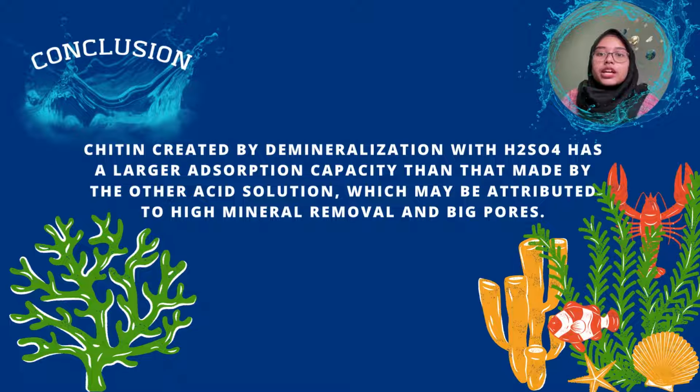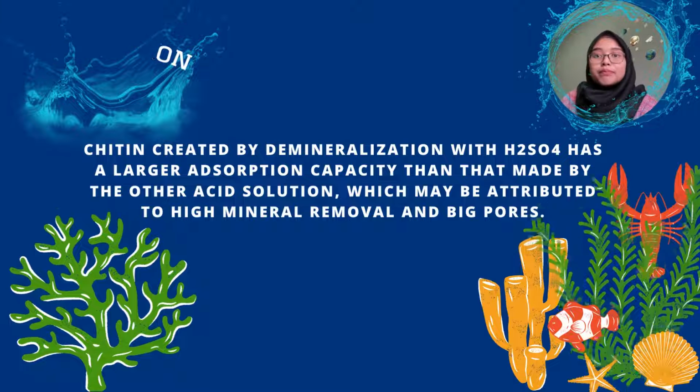Chitin created by demineralization with H2SO4 has a larger adsorption capacity than that made with the other acid solution. This may be attributed to high mineral removal and big pores.